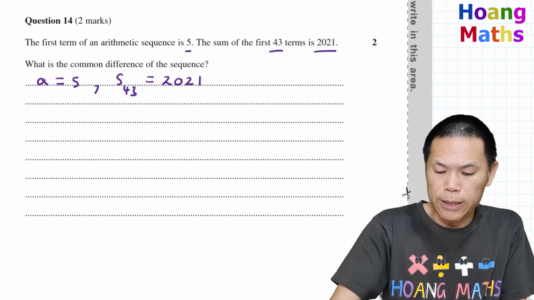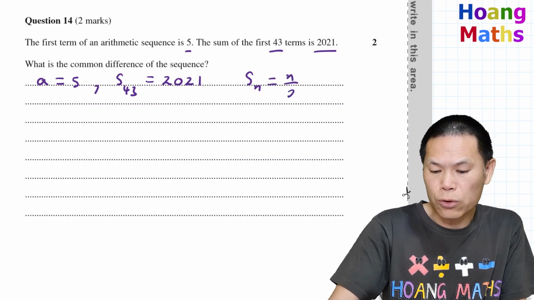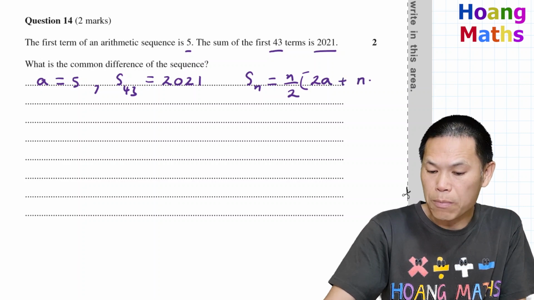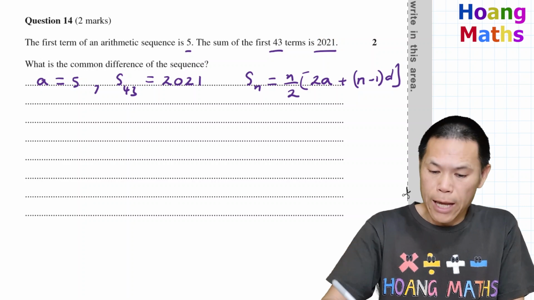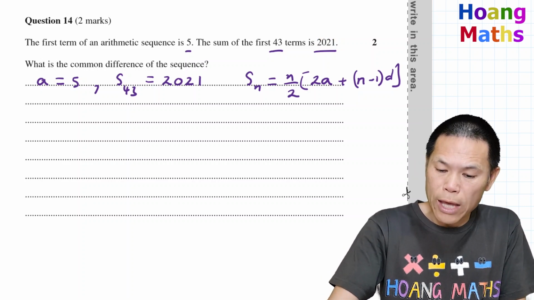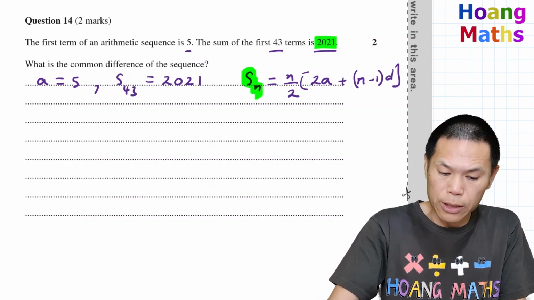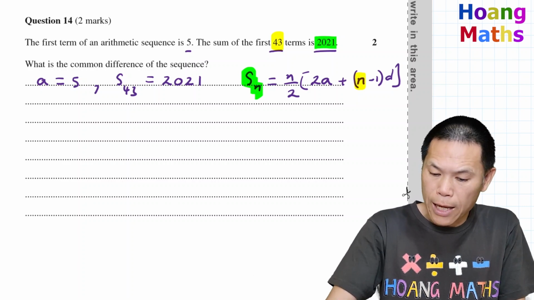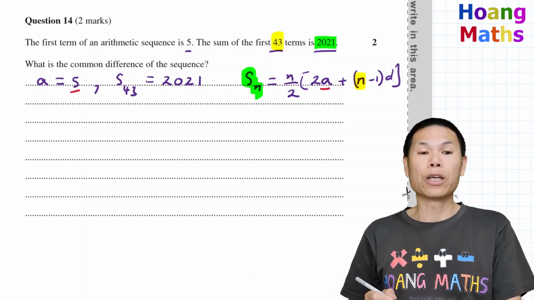It's already given the sum of the first 43 terms, so we use the sum formula: Sn is n over 2 times 2a plus n minus 1 times d. We know that S43 is 2021, and a is 5. Keep that in mind.